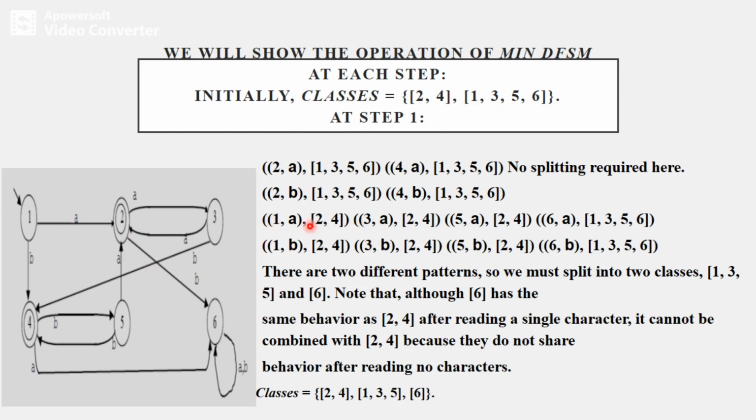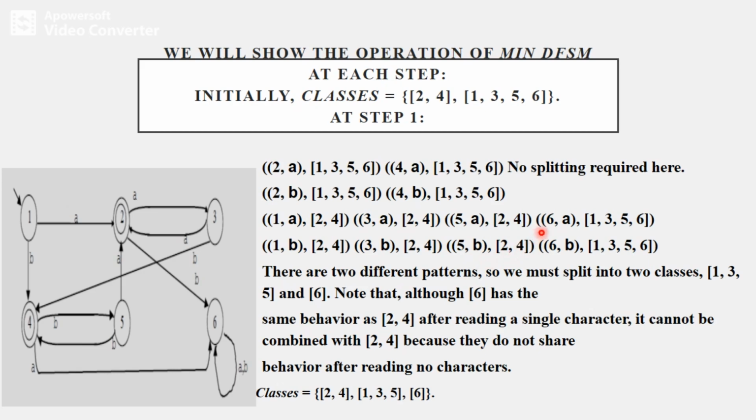Now we'll consider 1, 3, 5, 6. First let's see 1 on a. 1 on a goes to 2, so it belongs to the class 2, 4. Similarly, 1 on b goes to 4, so it belongs to the class 2, 4. 3 on a goes to 2, so its class is 2, 4. 3 on b goes to 4, so its class is 2, 4.